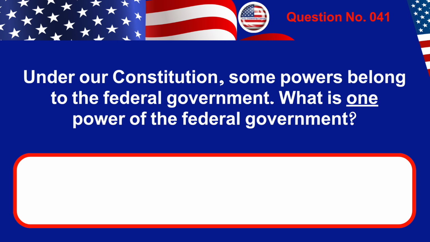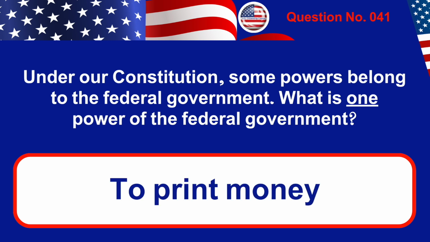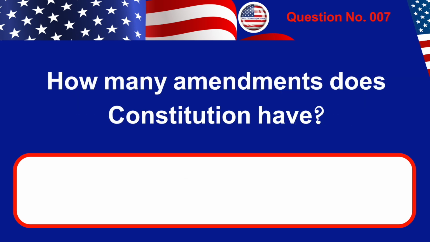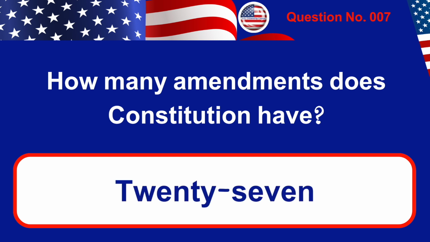What is one power of the federal government? To print money. How many amendments does the Constitution have? 27.